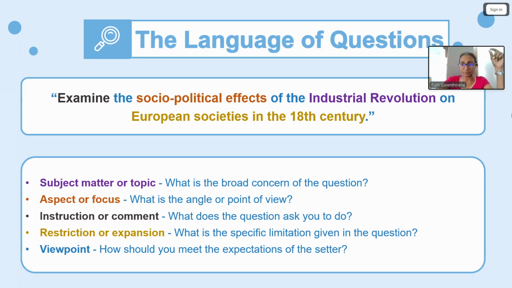We are looking specifically at European societies in the 18th century, because the Industrial Revolution also has socio-political effects right up to modern times, right? So we don't want all of those effects either. We want effects that are taking place on European societies and specifically within one particular century.